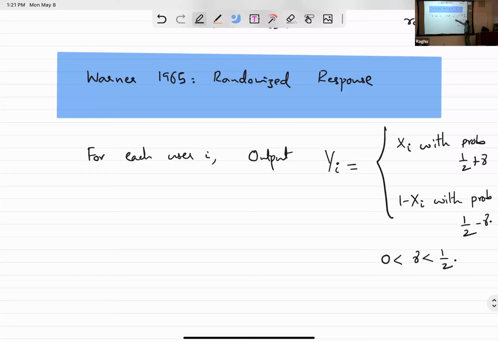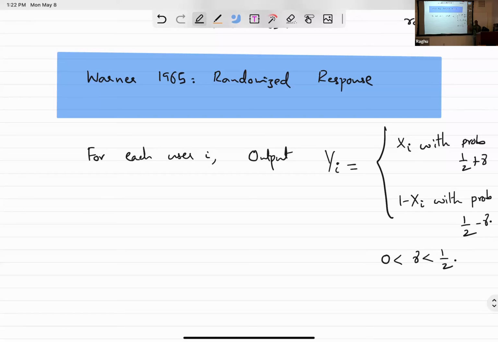I'm going to output the true value with probability half plus gamma and output the opposite with probability half minus gamma. So if gamma is half, then I'm getting basically the exact value. So that's the no privacy setting.